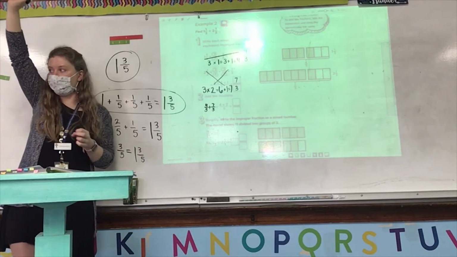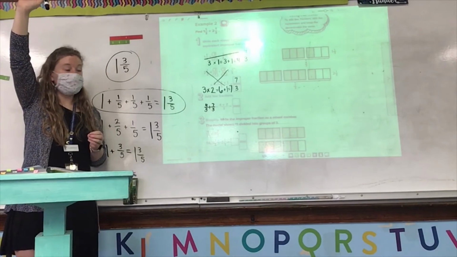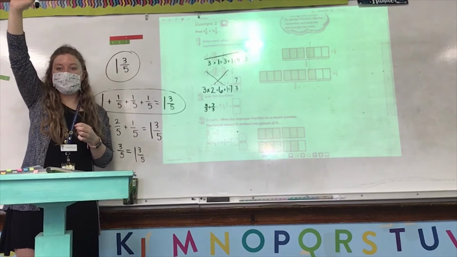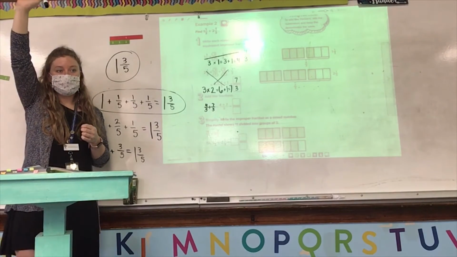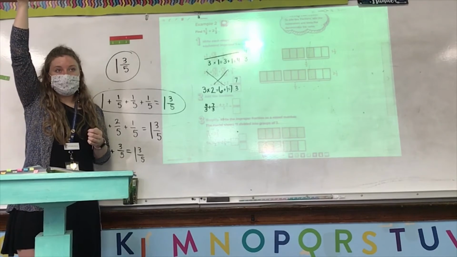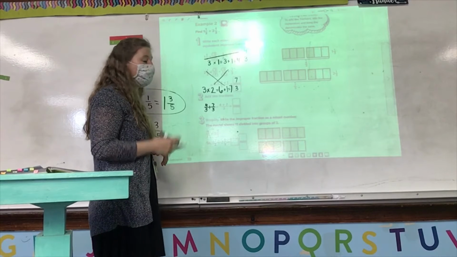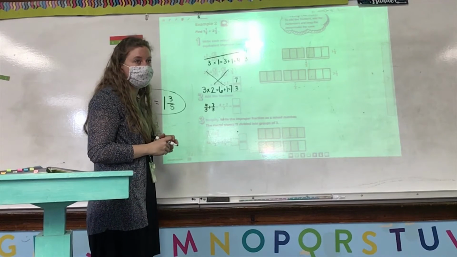I don't understand why I only have 4 hands up. 5. We just did this lesson. When we have like fractions, what do we do first? Carla? We add the numerators.